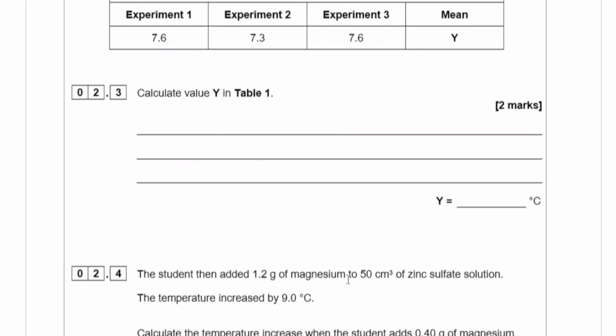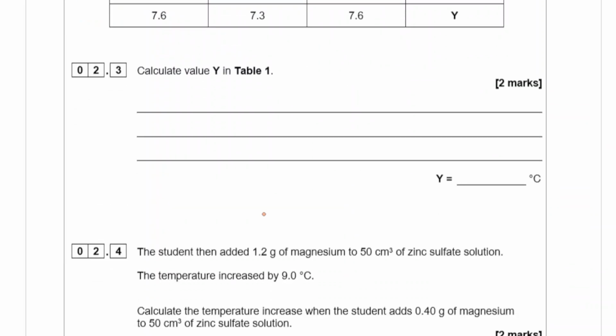We can calculate the mean by adding those 3 values up. There's no anomalies because they are all similar results. Add them up and divide it by 3, and that would give you 7.5.